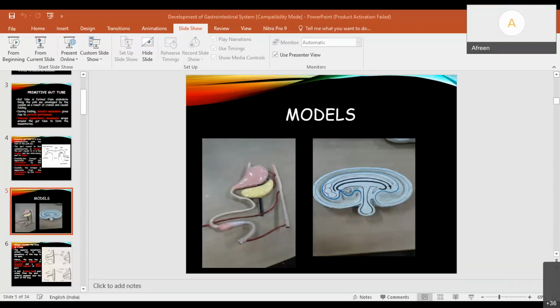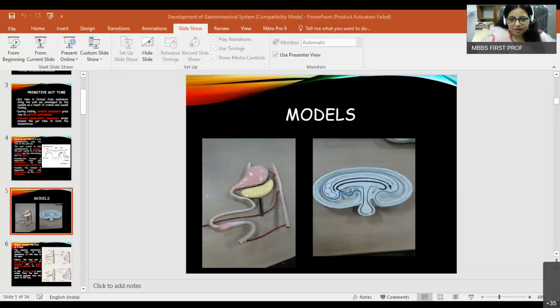Folding of embryo. Okay, fine. What all structures can you visualize here? Ectoderm, endoderm, mesoderm, allantois, yolk sac. Okay, fine.